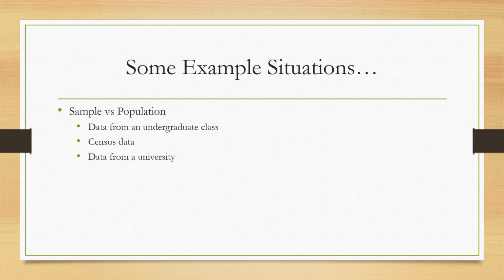Data from one university actually isn't even that big of a sample. So it's nowhere close to the population. Not even thinking about the time thing, looking at future time points, it's nowhere close to the population of students in the country at that time. So that'd be a relatively small sample. But again, I guess this is a great example of how sample versus population depends on who you talk about.